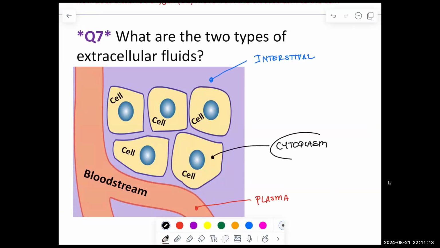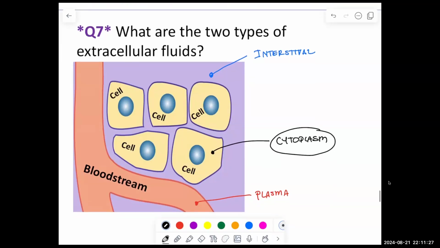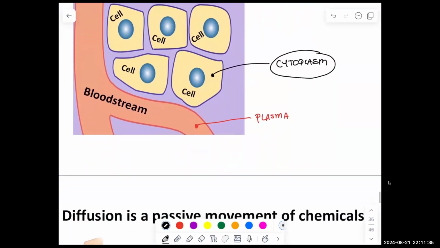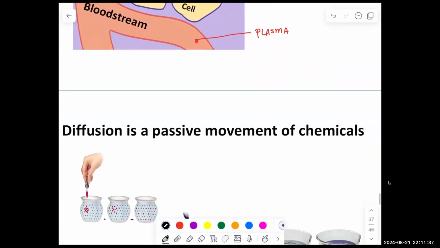This is the one that's not extracellular, it's intracellular fluid, okay? So just know where they're at, because these have to exchange materials with each other, like oxygen. Your cells need oxygen so that the mitochondria can make ATP, so all your cells, and the human body, stay alive.